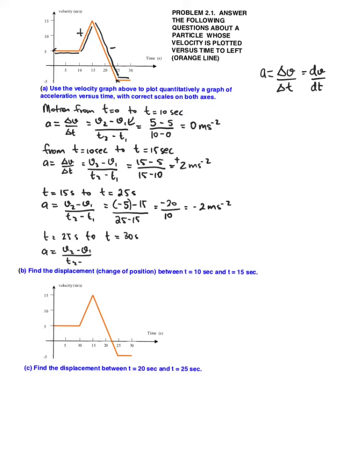That's v2 minus v1, which is -5 minus -5, divided by 30 minus 25. Got a double negative here, so -5 plus 5 is just 0 meters per second squared. And that's what we were expecting for that section.